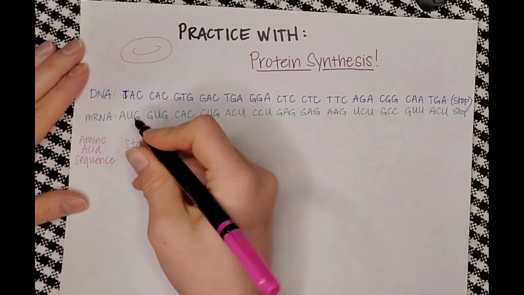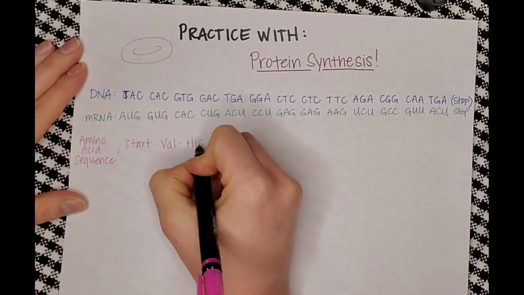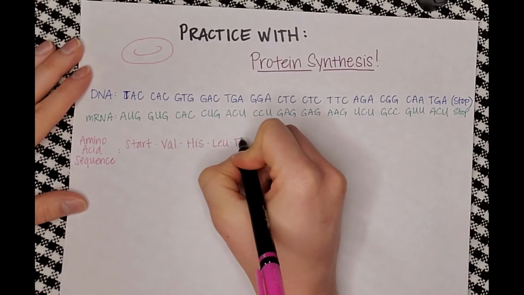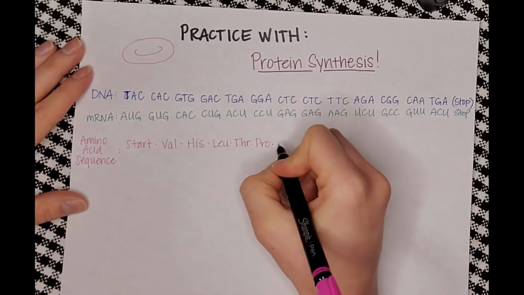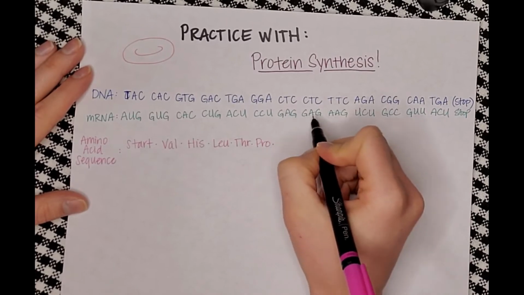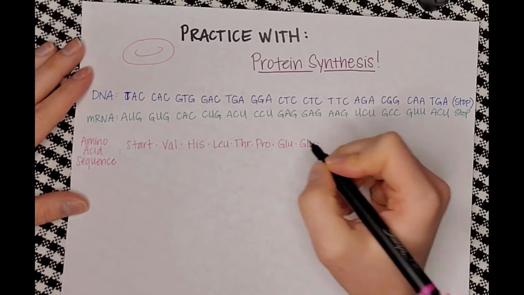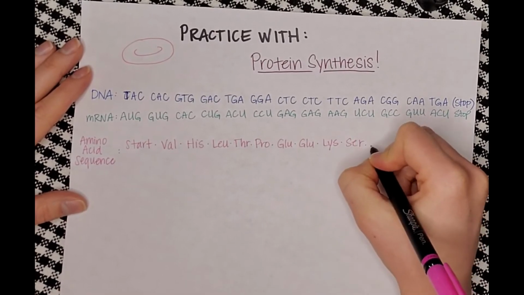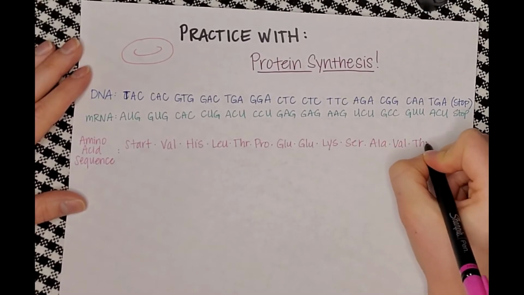After that, we have our amino acids for valine, then histidine, then leucine, then threonine and proline. Then we have two in a row that are the same, and they're both glutamic acid. After that, we have lysine, then serine, alanine, valine, and threonine at the end.